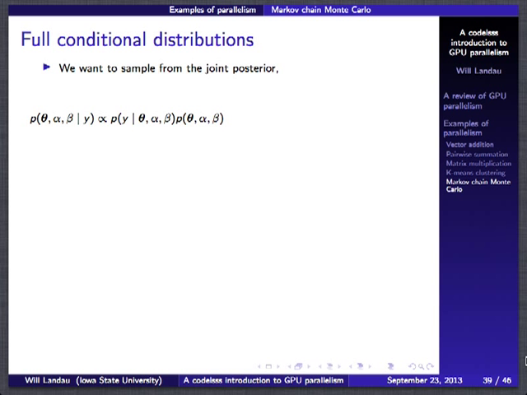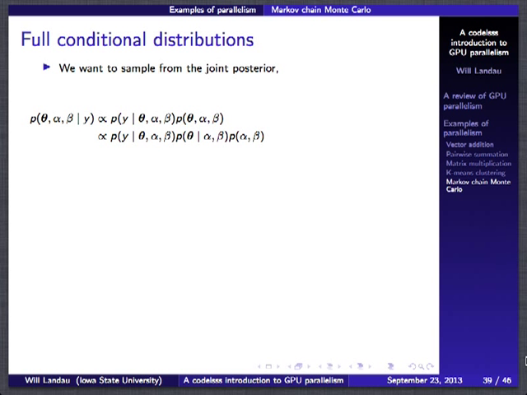The first thing I do is just apply Bayes' rule, which gives you this. Now I apply the definition of conditional probability to break up the joint prior on our parameters.